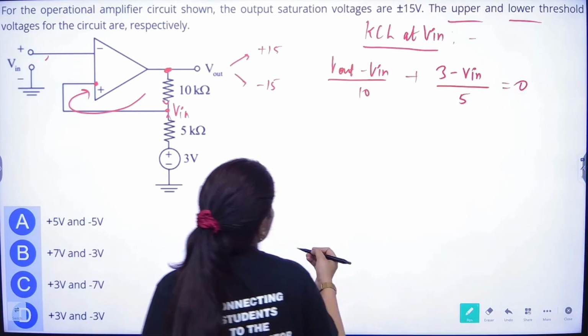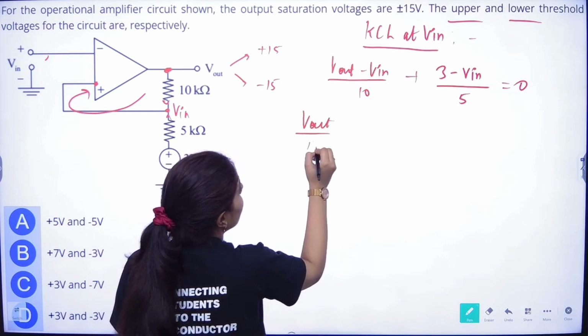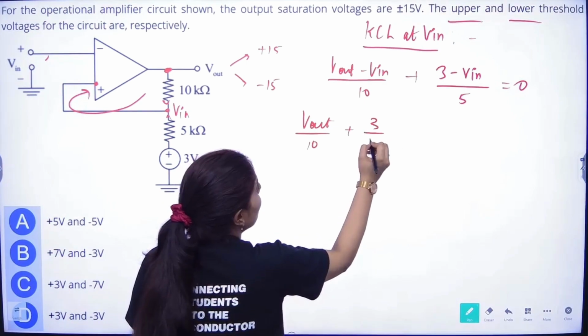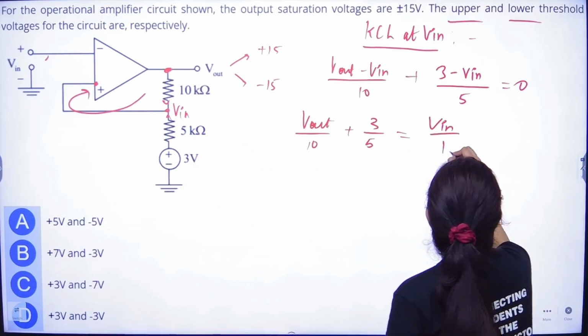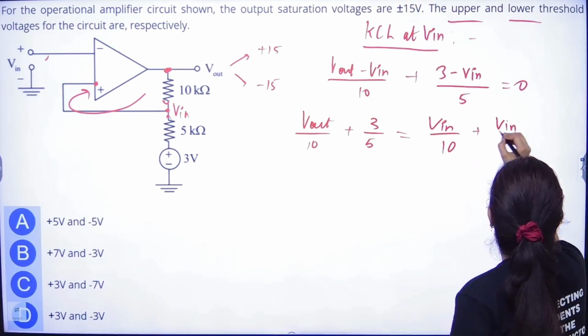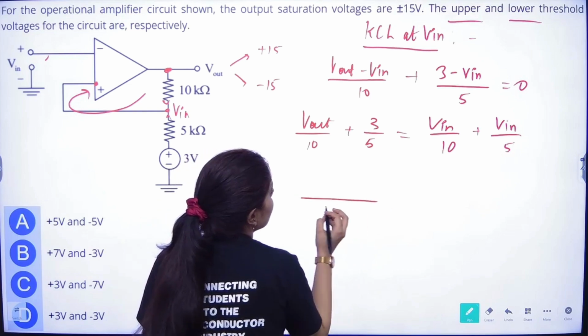Right, now we can simplify it in order to find out V in. V out by 10 plus 3 by 5 will be equal to V in by 10 plus V in by 5. Right, so what will be the LCM?